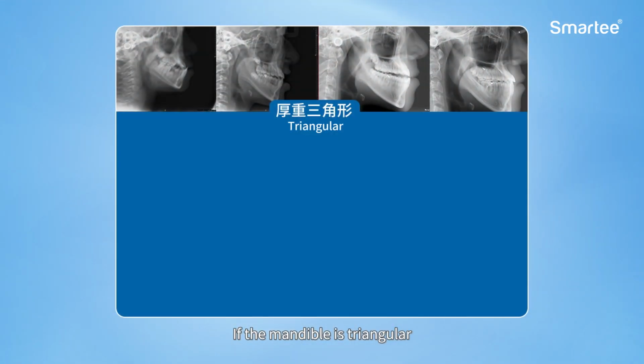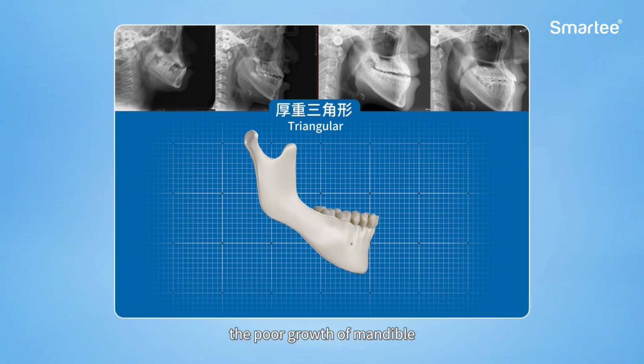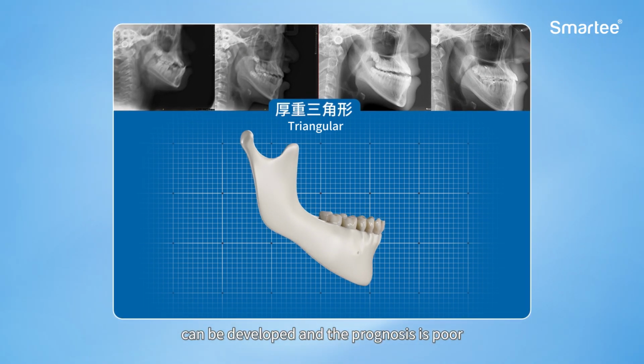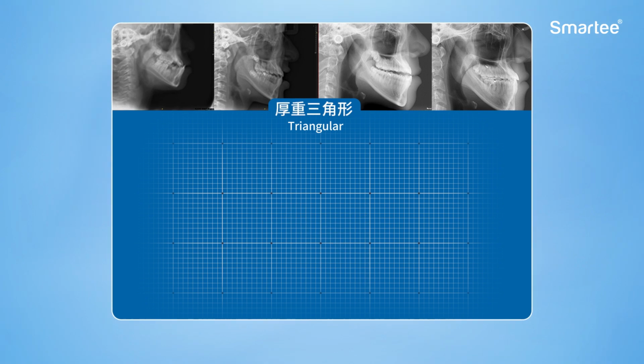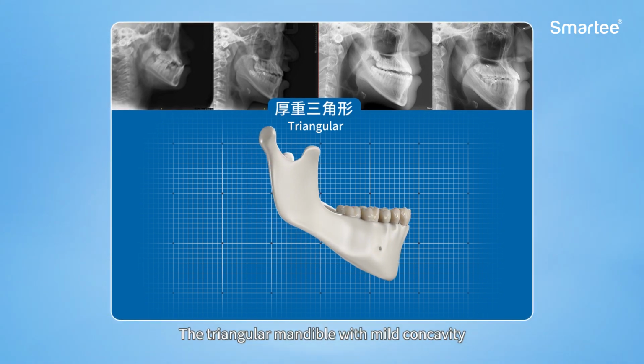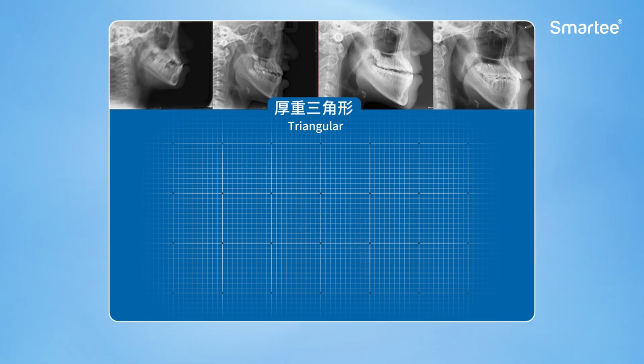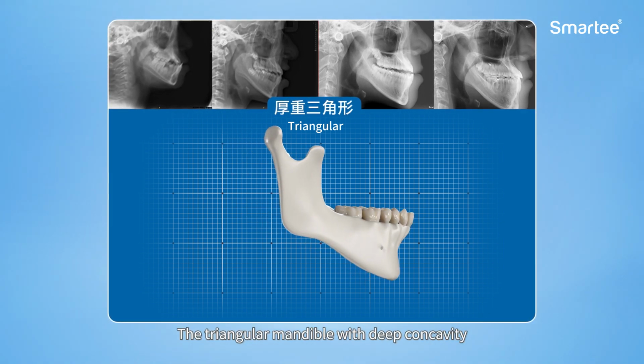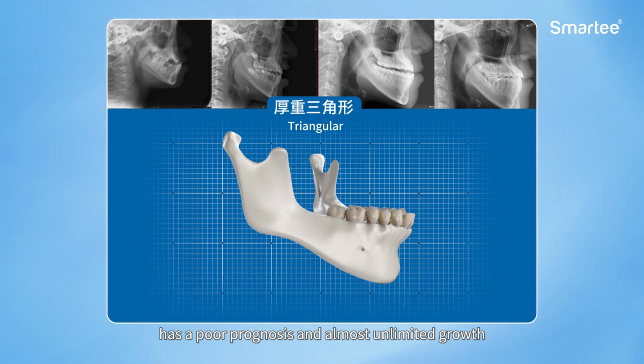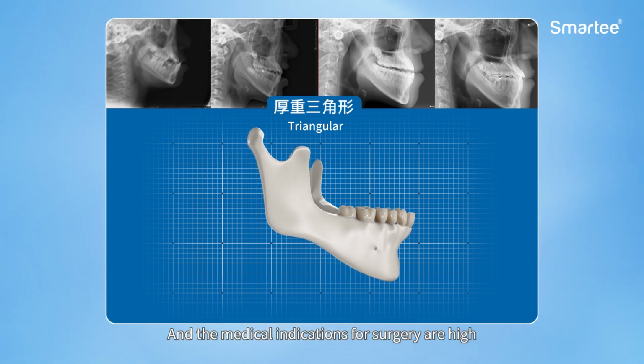If the mandible is triangular, the poor growth of the mandible can develop and the prognosis is poor. The triangular mandible with mild concavity has a poor prognosis but growth is still limited. The triangular mandible with deep concavity has a poor prognosis and almost unlimited growth, and the medical indications for surgery are high.